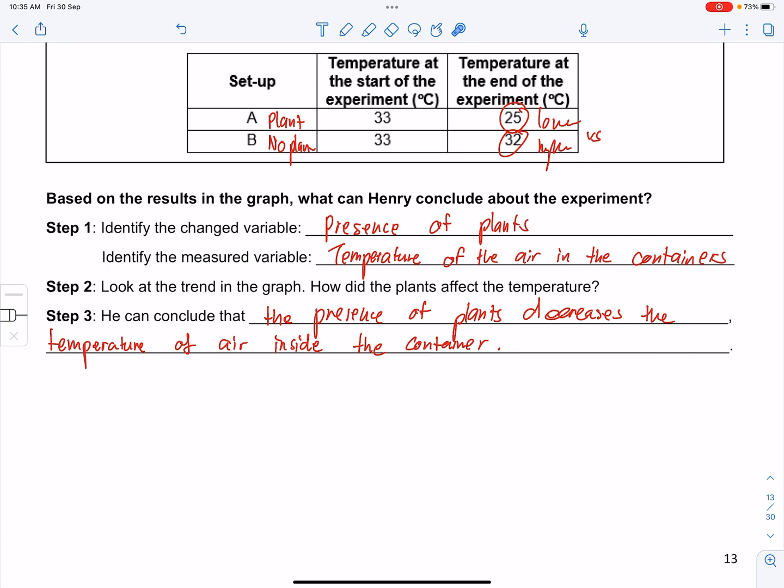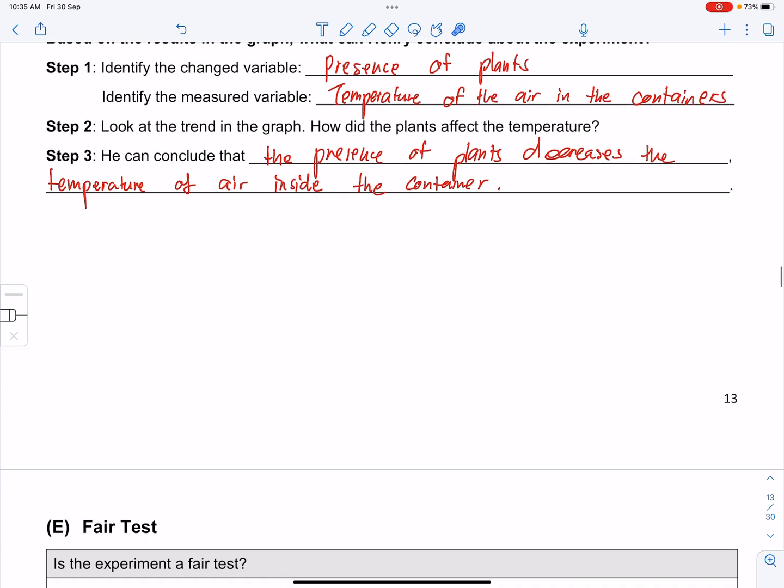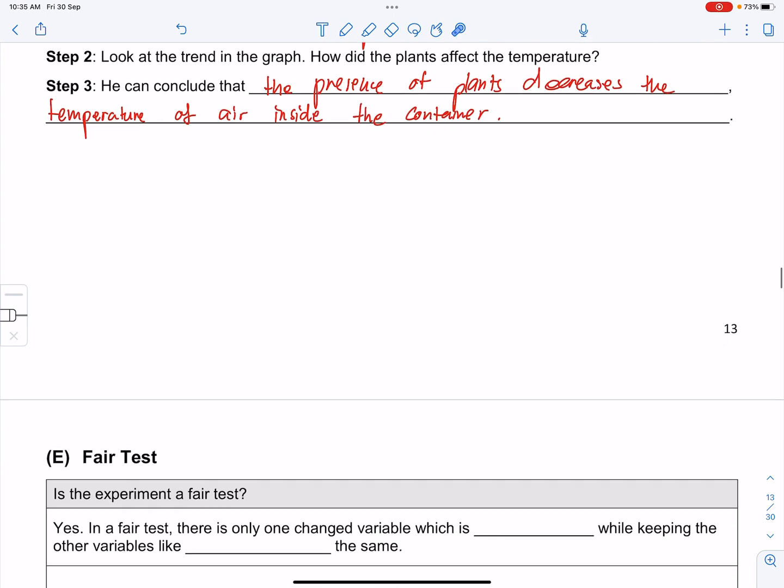Now the next part that I'm going to talk about is very important, something that is very, very prevalent. Fair test. If you remember, fair test has to do with your one change variable, making it fair.